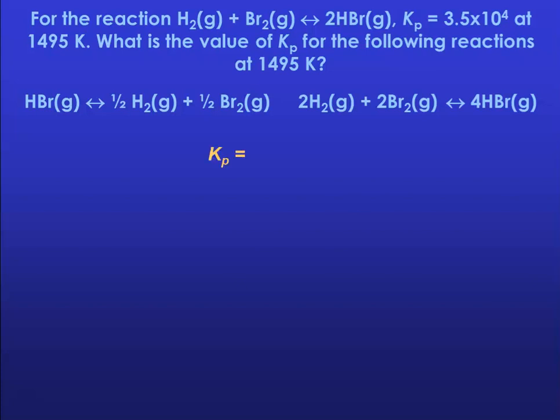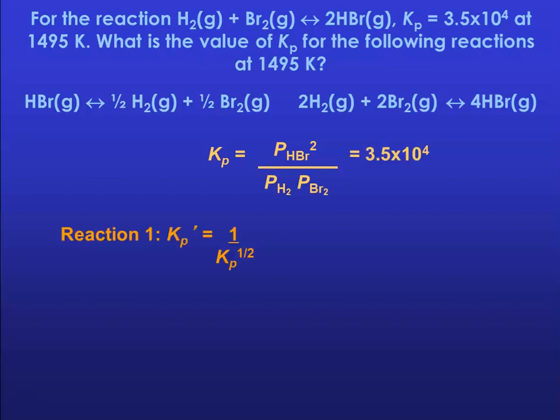So for this first expression, I'm just writing what the Kp would be like. If I go back to that parent reaction, HBr would be squared over hydrogen and bromine. In my reaction on the left, I have the same equation, but it's the inverse, and the coefficients have been changed by a factor of 1/2.